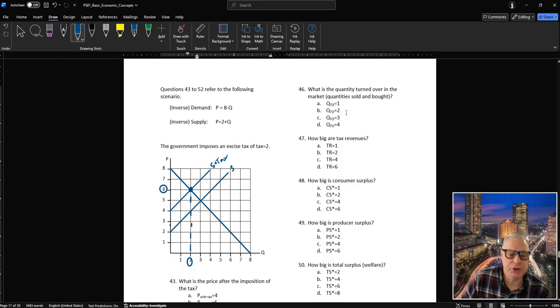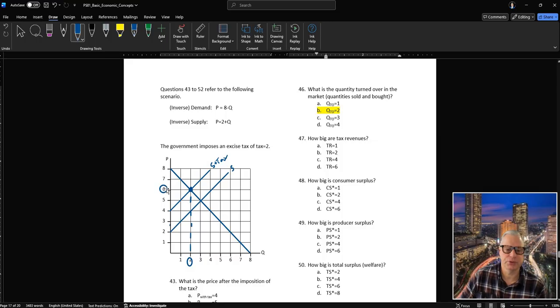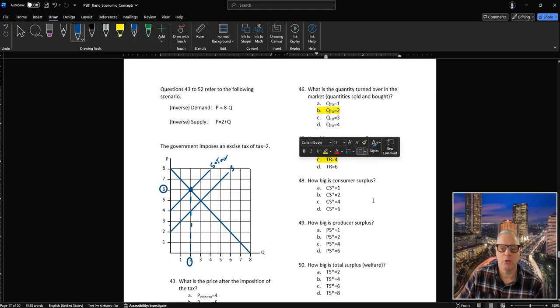What's the quantity turned over? Well, the quantity turned over is also 2. So how big are tax revenues? So we turn over 2 units, and each unit carries a tax of 2, so the total tax revenue is 4. How big is consumer surplus?